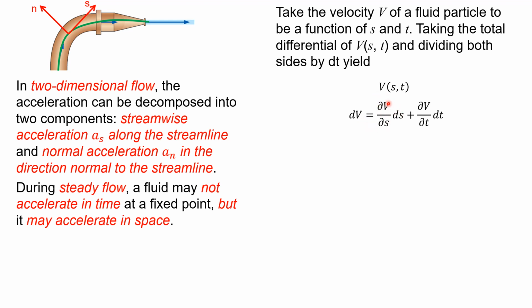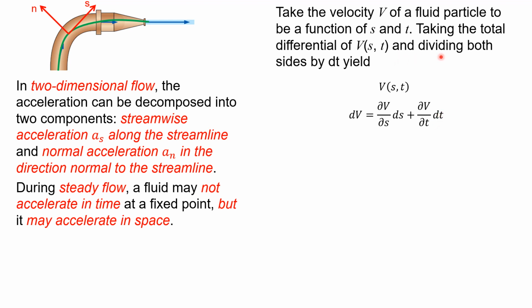Because you are taking a function of s and t, you are differentiating v with respect to s and also with respect to t. So dv equals partial v over partial s times ds plus partial v over partial t times dt.